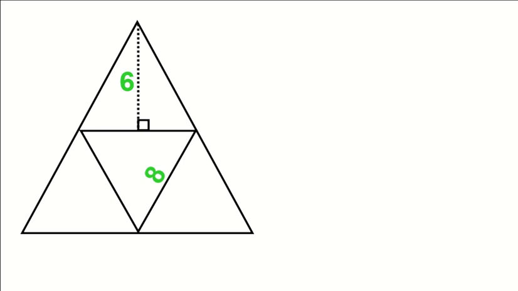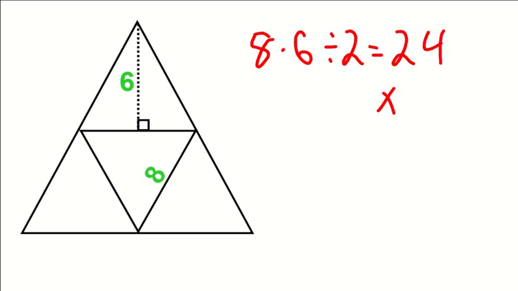We got base times height divided by 2. So 8 times 6 divided by 2 is 24. 4 triangles, all the same. So 24 times 4 gives us 96. Yes? Could just times it by 2? Yeah, but sometimes if you're not aware of what you're doing, that can make mistakes.